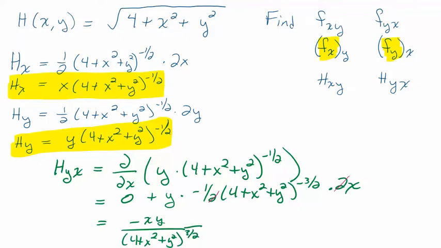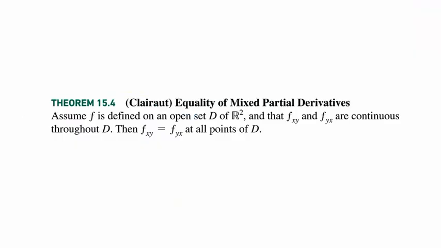All right, well, it's going to turn out that for most of the functions that we're looking at, f sub xy and f sub yx are going to come out to be equal. There is a criteria here. Assume f is defined on an open set D of R2. So we've got some domain R2.